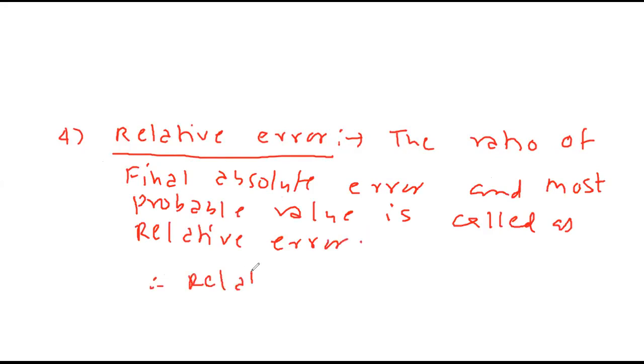That means relative error is the ratio of final absolute error and most probable value.